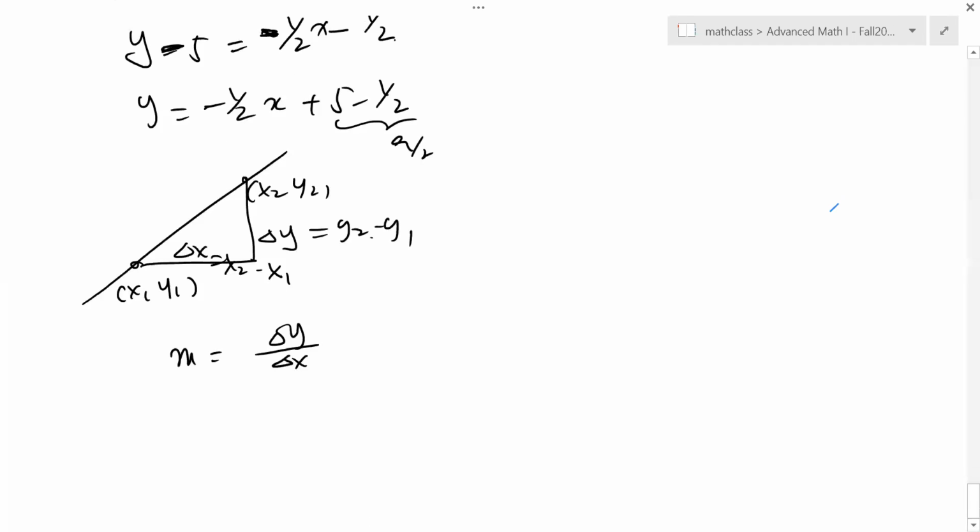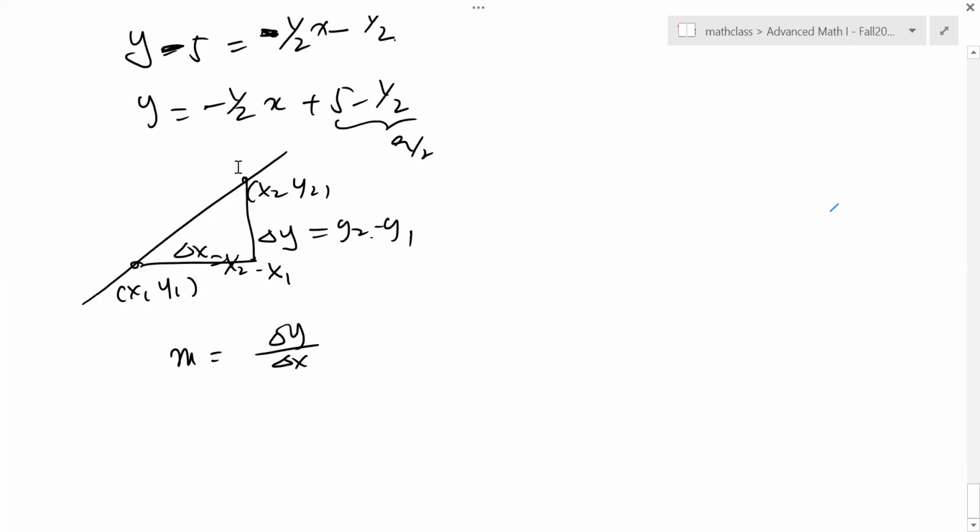Okay, so delta x is x2 minus x1. If it's positive, it means you go to the right by delta x steps. And delta y is y2 minus y1. So if delta y is positive, it means you move up from that point by delta y units.